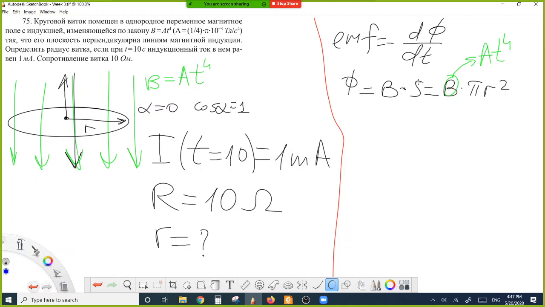The electromotive force will be equal to the derivative of the magnetic flux with respect to time, and this is equal to 4 a pi r squared t to the third power.